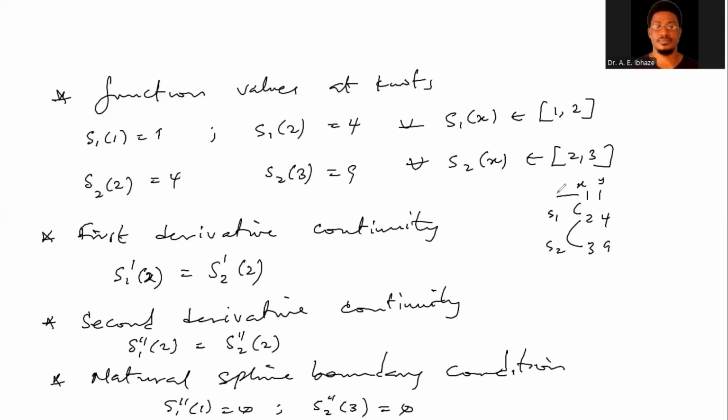So at this endpoint and at this endpoint. Now that we have done this, we can express the spline equations for each interval, so for this interval we have s1 of x, and for this interval we have s2 of x. So for s1 of x, we're playing with the interval 1, 2, and for s2 of x, we are playing for the interval between 2, 3. Okay?